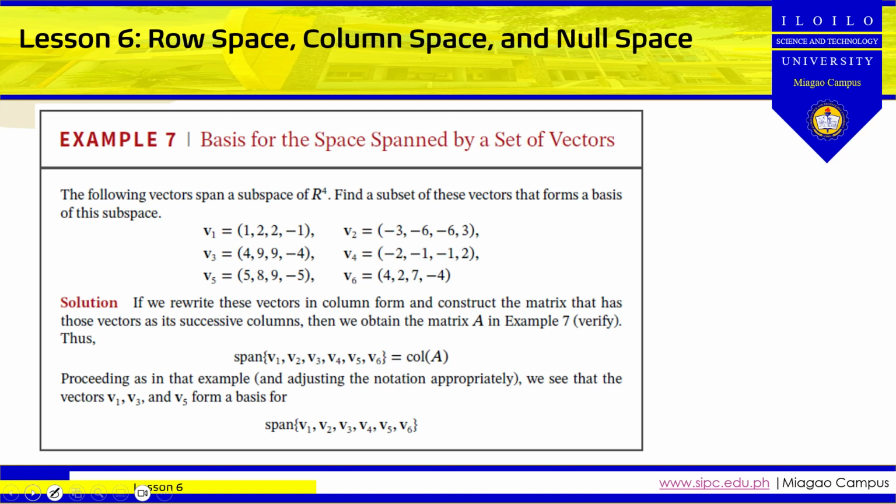How will you get this? You could use the same process as in the previous example on how to find the basis, which is the reason why these three vectors are the ones that form the basis.